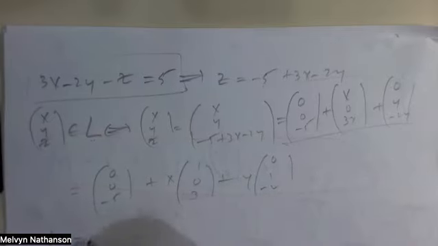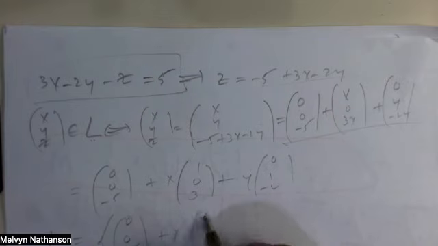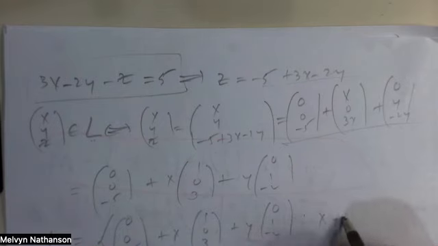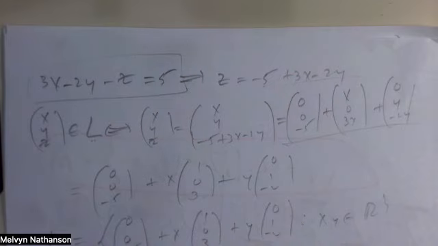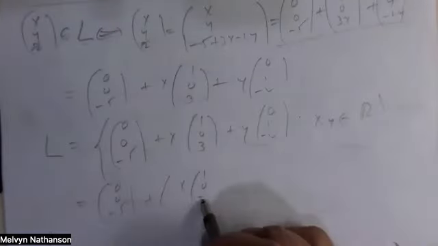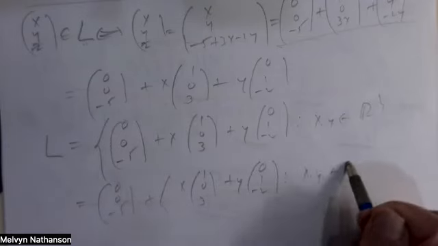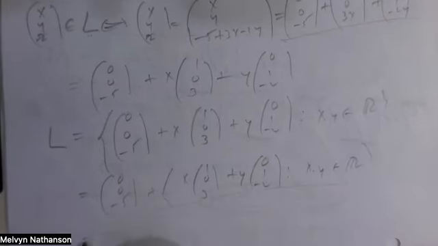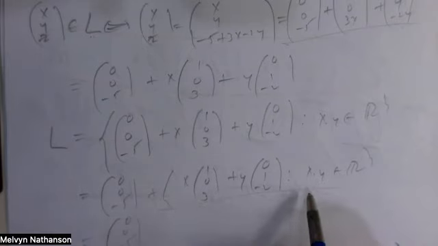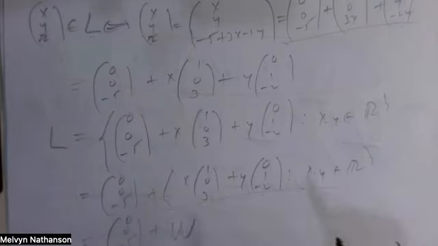So the solution space L is the set of all vectors 0, 0, minus 5, plus x times the vector 1, 0, 3, plus y times the vector 0, 1, minus 2, for any x and y in R, which is the same as the translation by the vector 0, 0, minus 5 of this set, x times 1, 0, 3 plus y times 0, 1, minus 2, for x and y in R. And this is just the set W, the subspace W, which is the solution of the homogeneous equation.